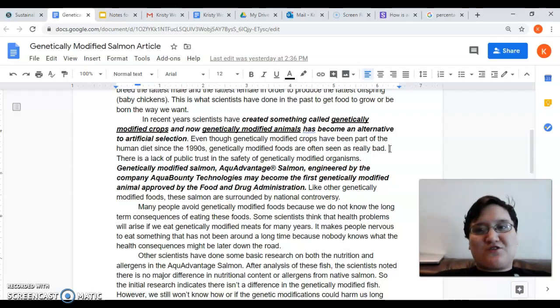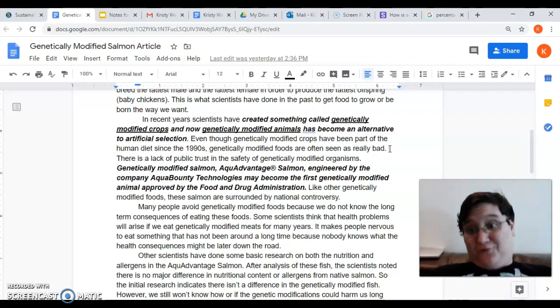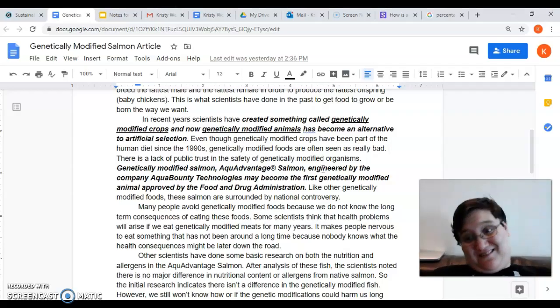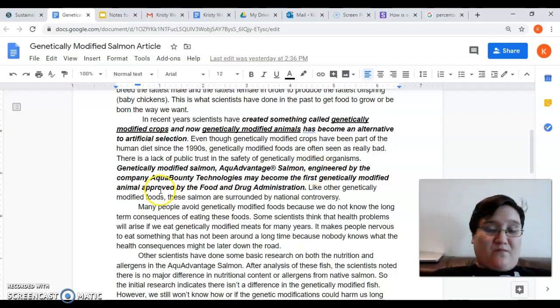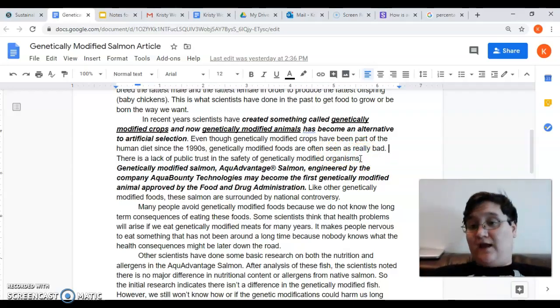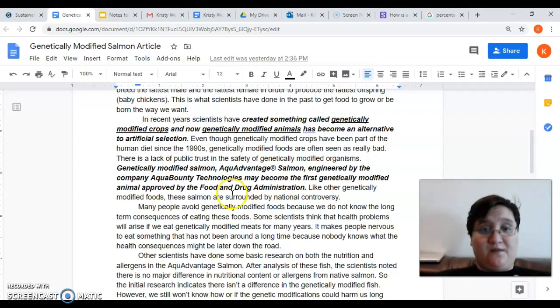But most adults don't realize that it's almost all the food that we eat too. So it's kind of interesting that most people are like, ooh, GMOs, but almost all of what we eat is GMOs. So there's a lack of public trust in the safety of GMOs. So the typical adult, at least for the last 20 years, you say GMO, they're like, nope, no thanks, don't want to even mess with that.